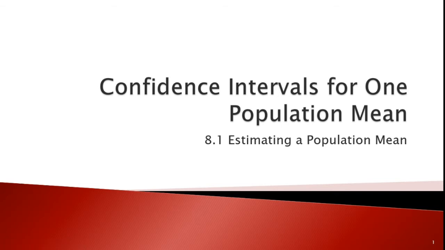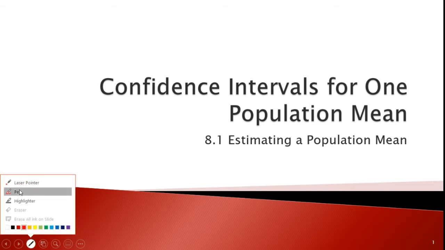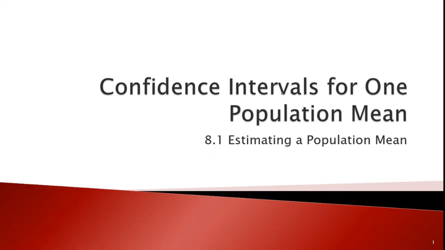So, I'm going to start chapter 8, confidence intervals for one population mean. Actually, we have done this population mean so many times in chapters 2, 3, something like that. We are now trying to estimate the population mean.